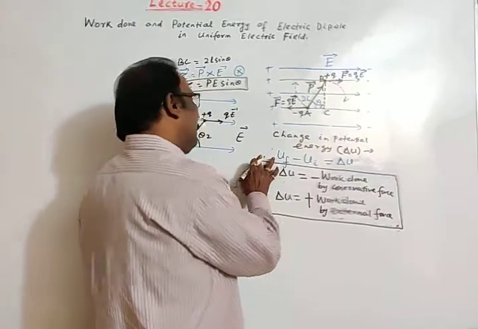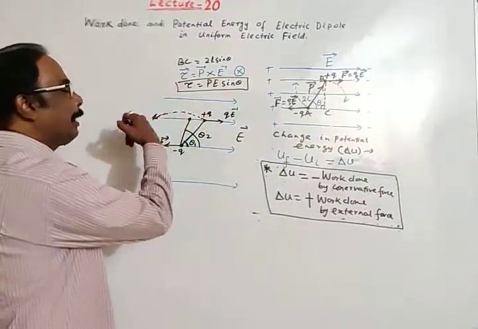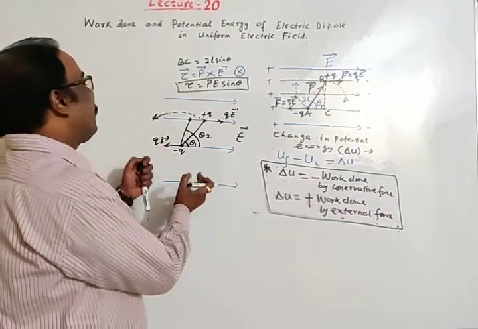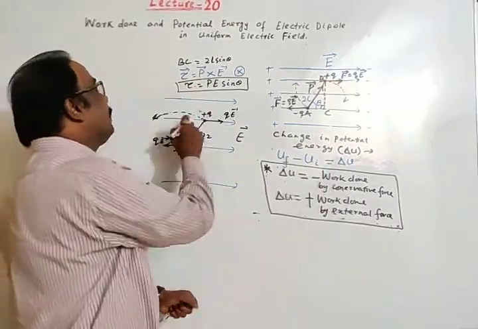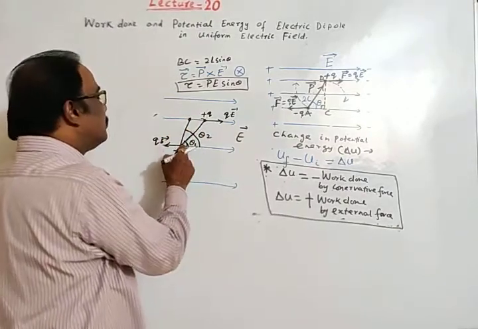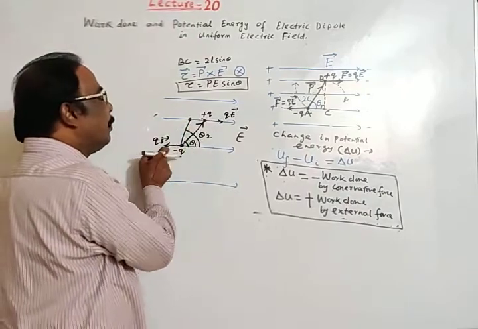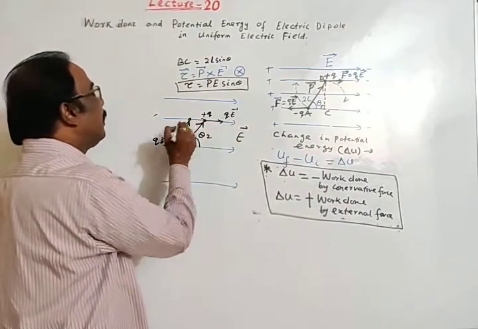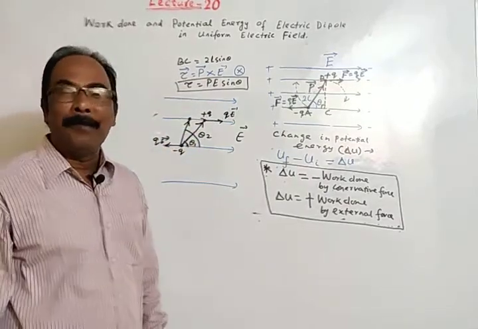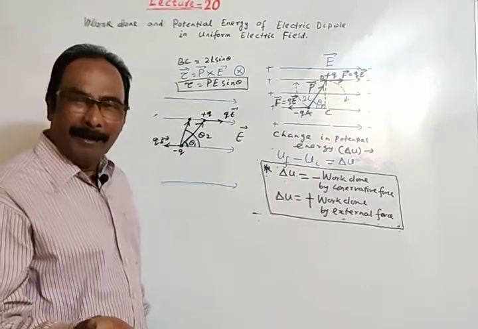Now we will rotate it in anti-clockwise order. When we rotate it in anti-clockwise order from theta 1 to theta 2, this is the initial position when the dipole makes an angle theta 1 with the electric field. This is the final position when the dipole makes an angle theta 2 with the electric field. We have to apply external torque.